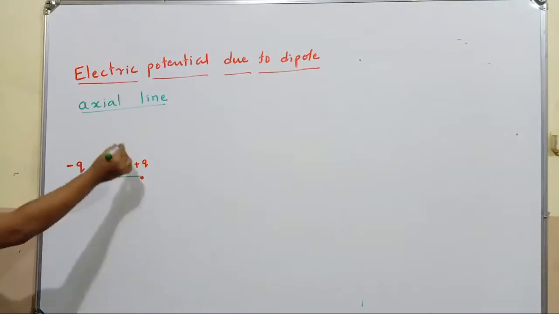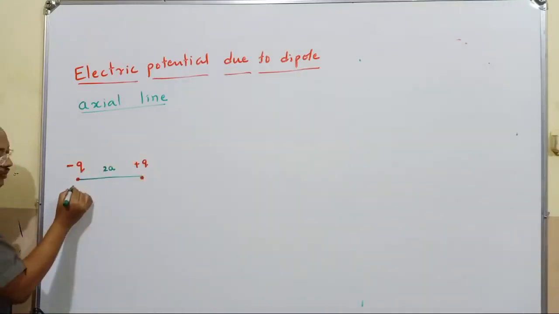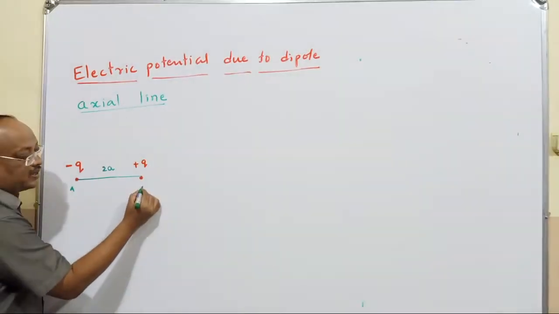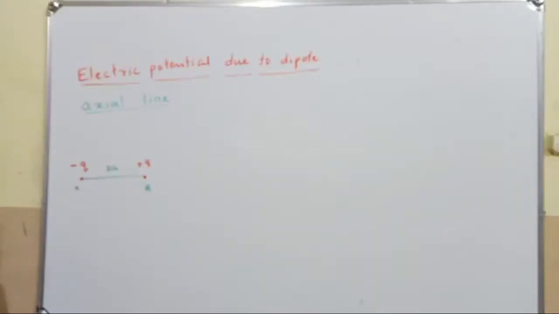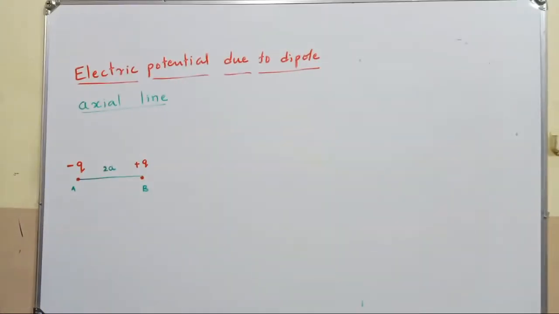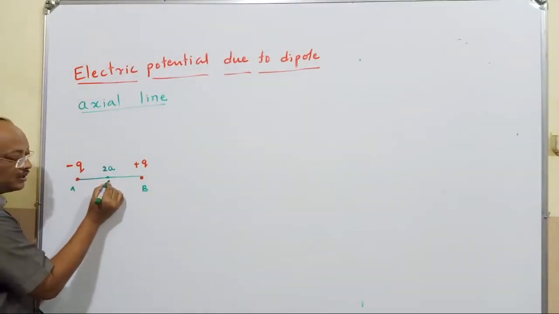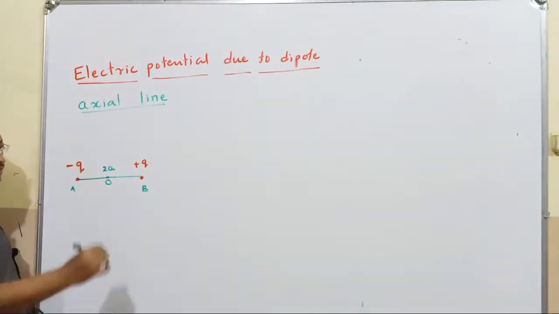Okay, so this is our dipole. This minus q charge, let us consider it is at position A and this is at position B. And O is the center of it.